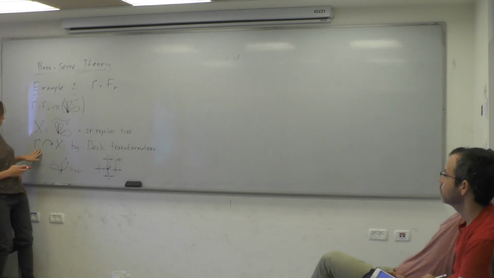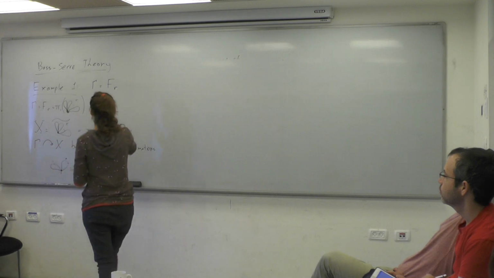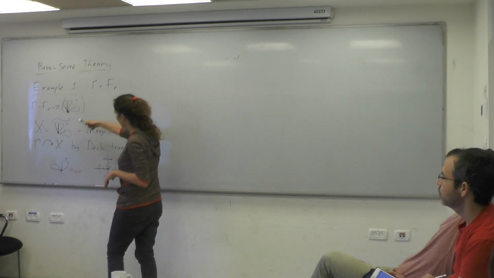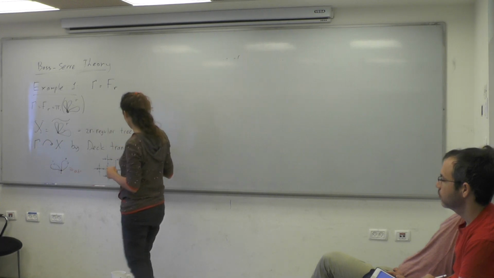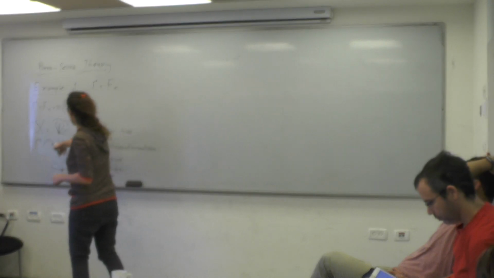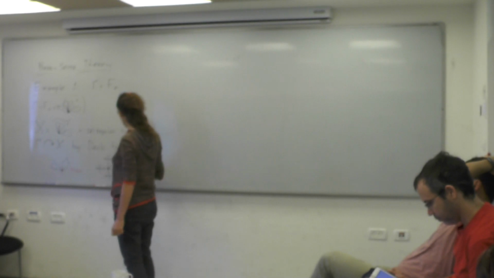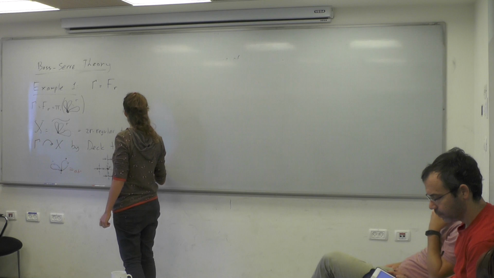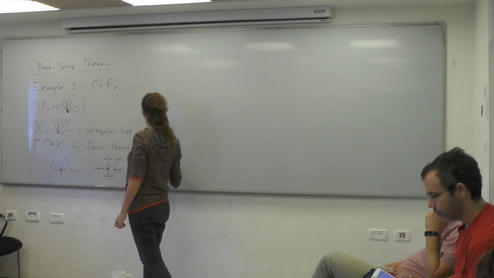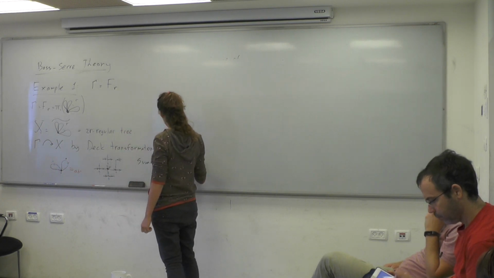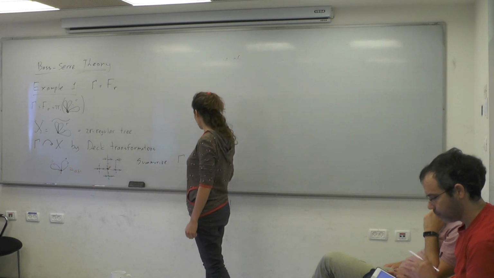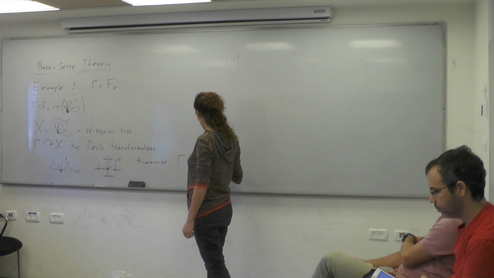So my group is acting on the tree by that transformation, and I'm realizing gamma as a subgroup. Since it acts on the tree, to summarize, gamma is a subgroup of the automorphism group of the tree.